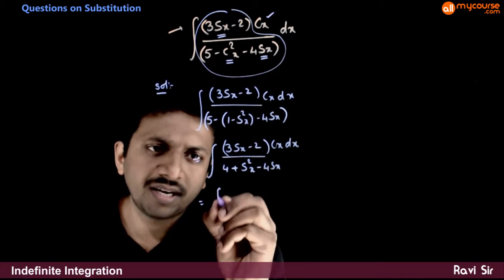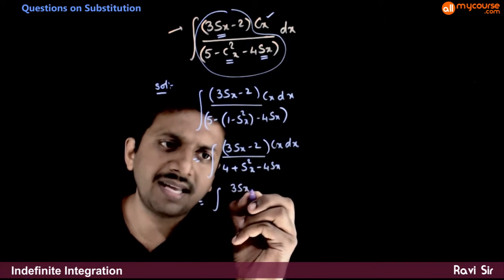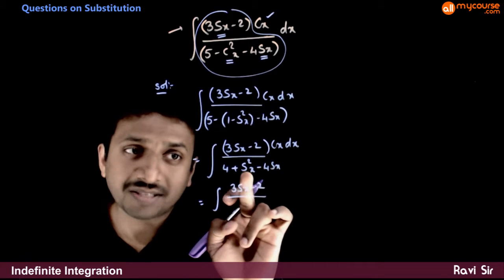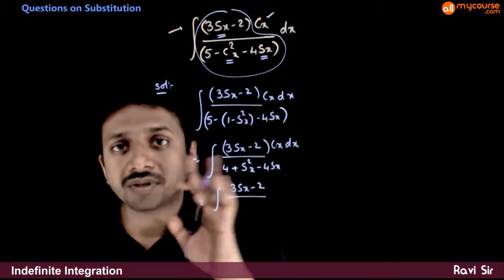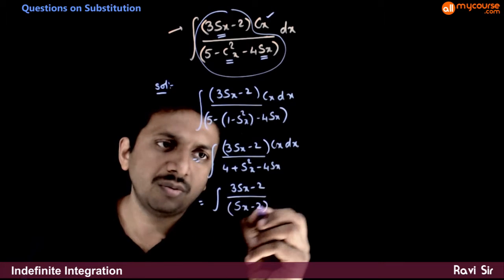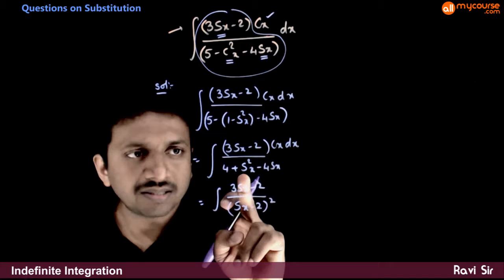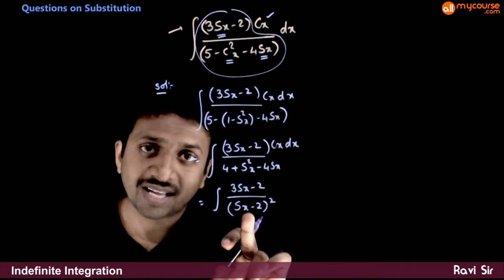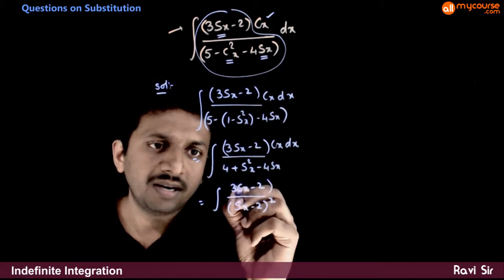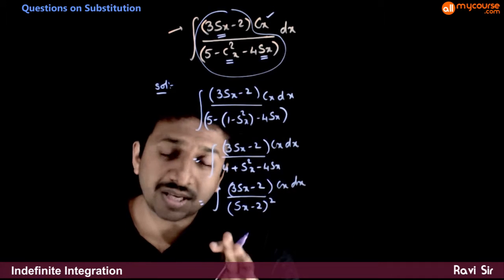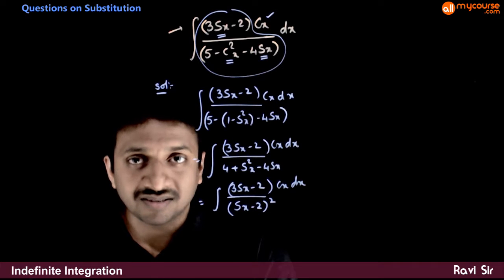So this looks pretty comfortable: sin square x minus 4 sin x plus 4 is nothing but sin x minus 2 whole square. So now let us do the substitution and try to make this easy.